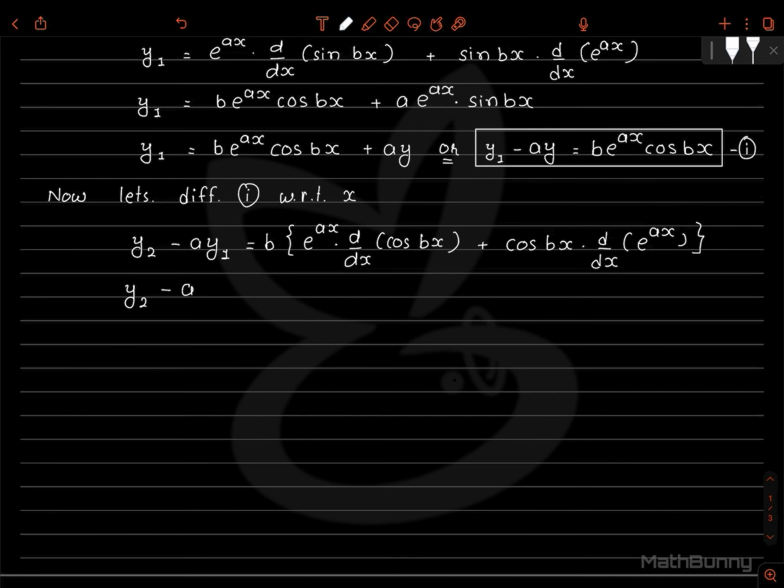y2 minus ay1 is equal to b in the bracket. This would be minus b e raised to ax sine bx plus a e raised to ax cos bx.